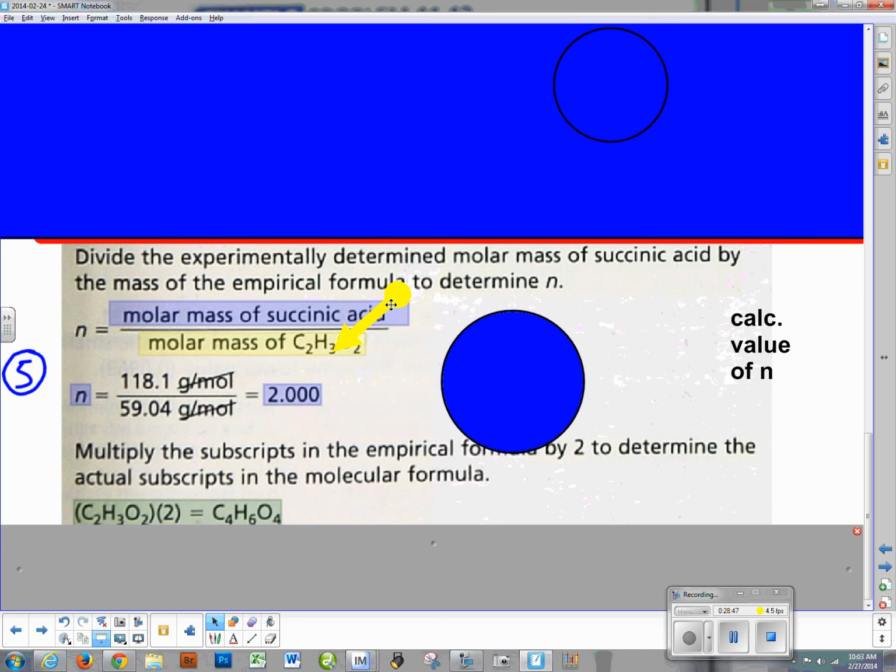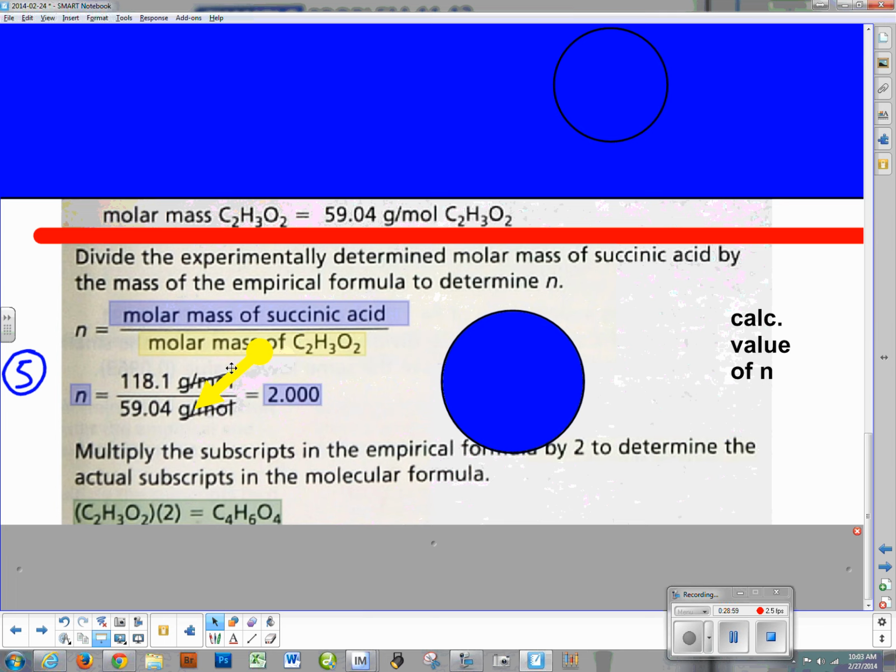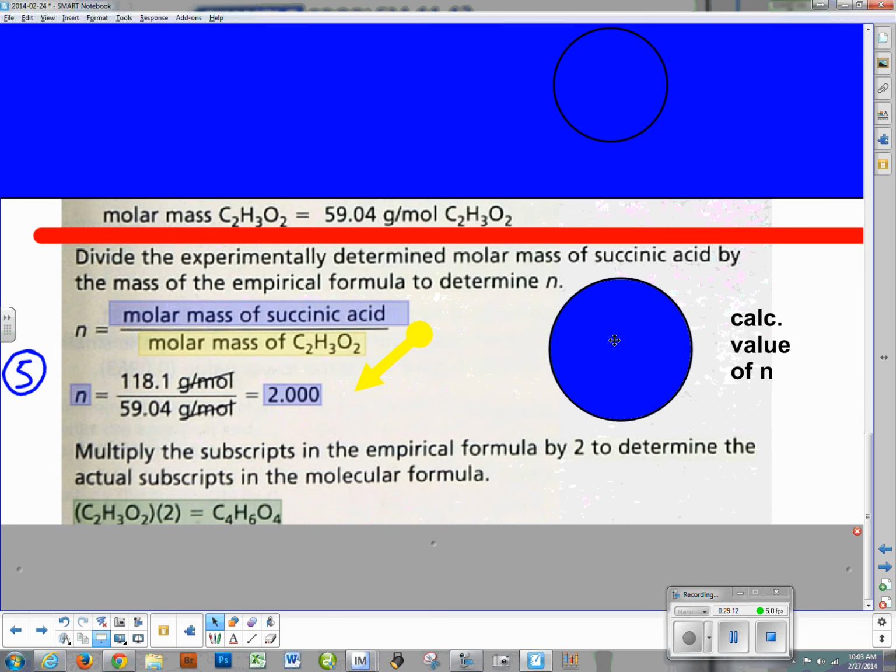Let's look at this now. Here's the number that we were given in the problem. Here's the number that we just figured out in this step up here. There it is, 59.04. As you're working these kinds of problems, as you're going through an example, you have to see where everything comes and goes. Otherwise, you're not going to get anything out of staring at the problem.